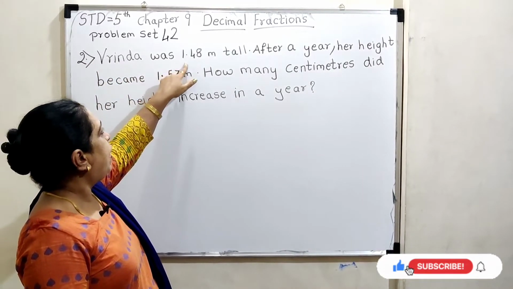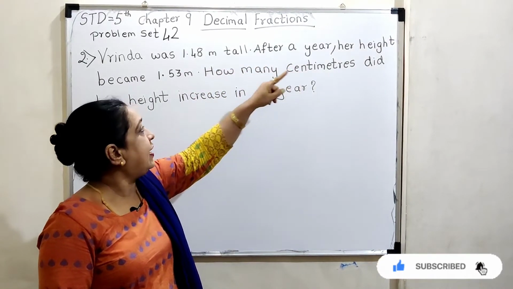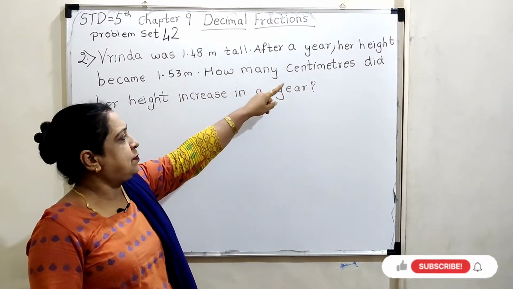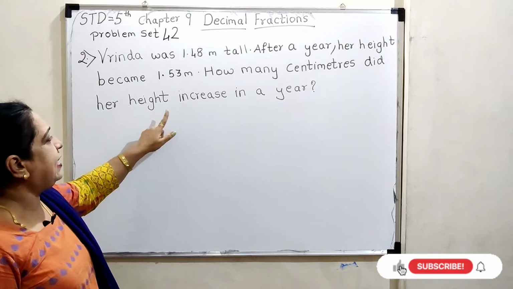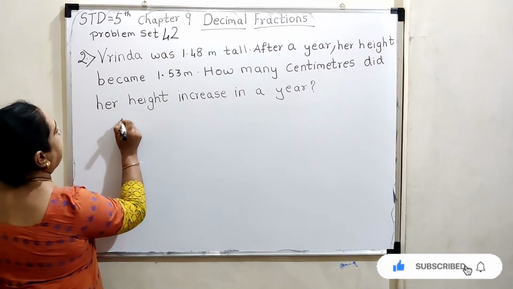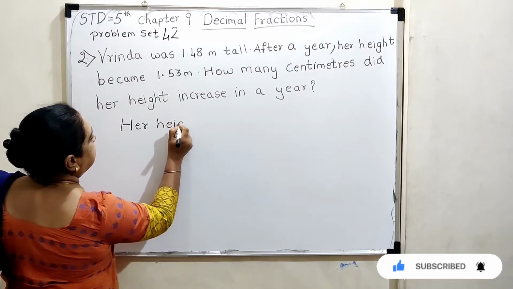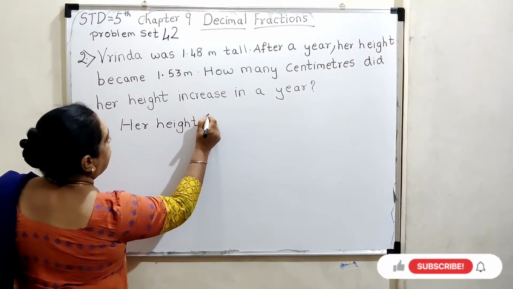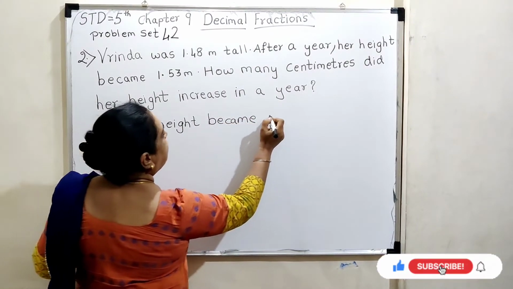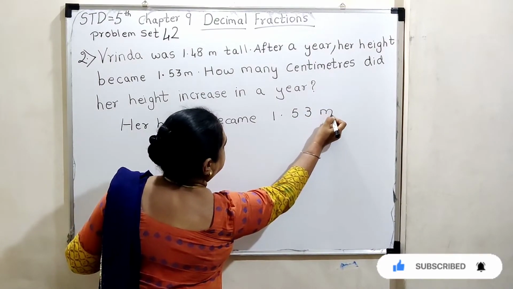Vrinda was 1.48 meters tall. Okay? After a year, her height became 1.53 meters. How many centimeters did her height increase in a year? Now, her height became how much? 1.53 meters.